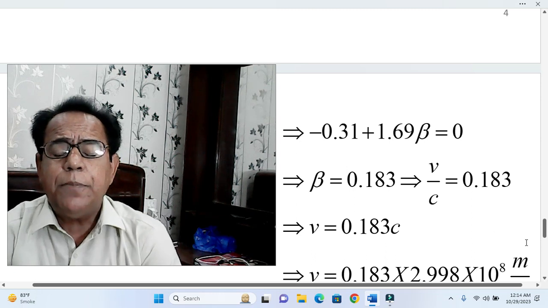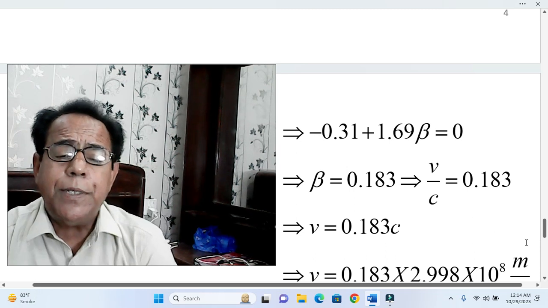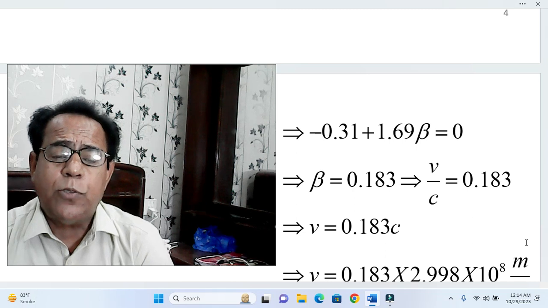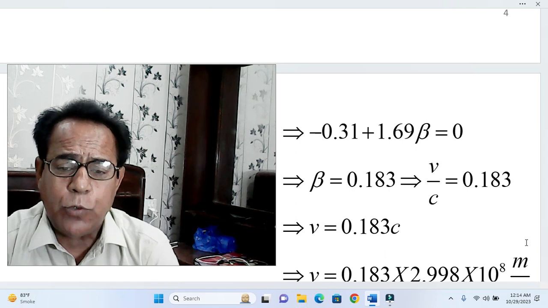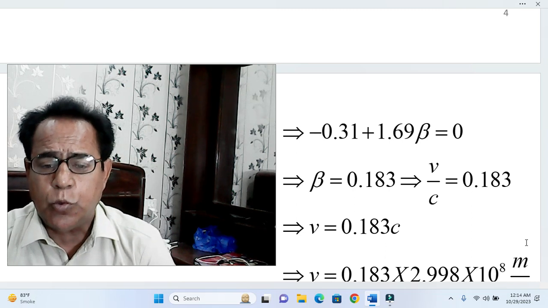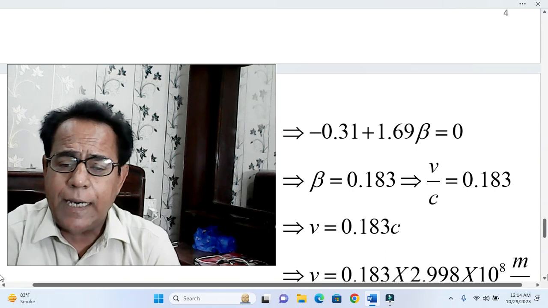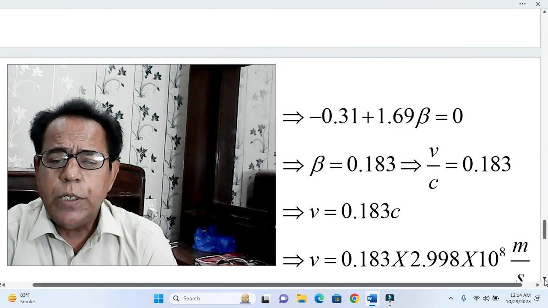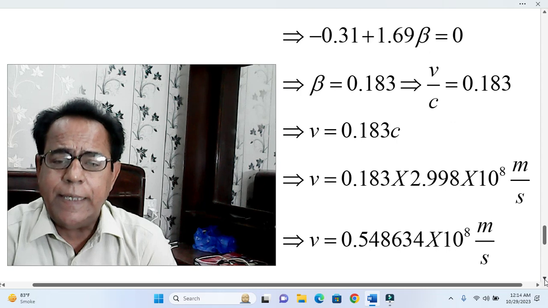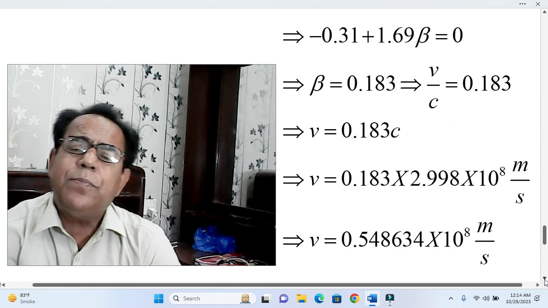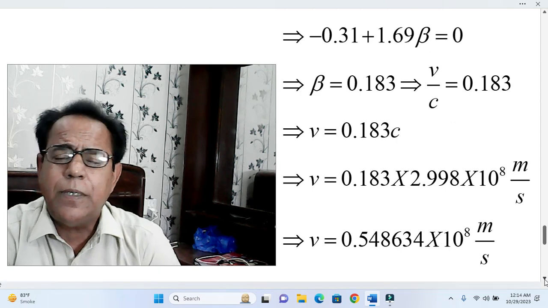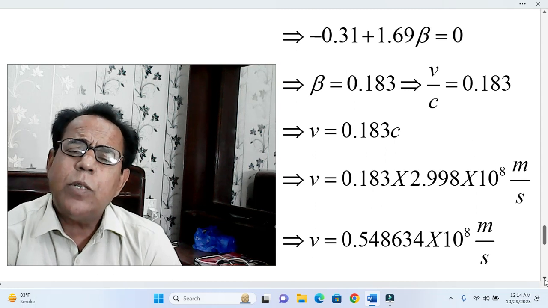We know that beta is the speed parameter and it is equal to v over c. So in place of beta we have used v over c equal to this. So this implies that v will become equal to 0.183 c. What we have done, we have shifted c to the other side of equality.